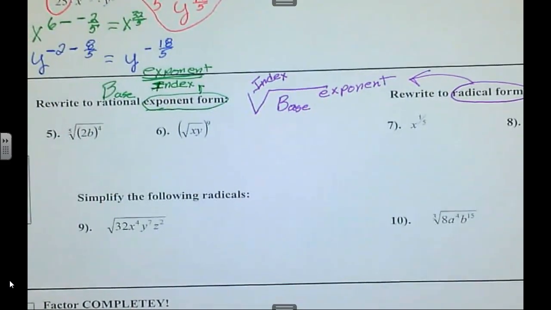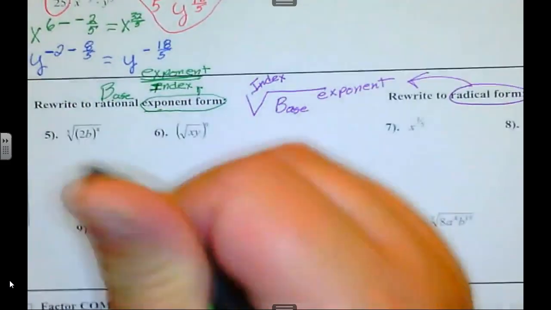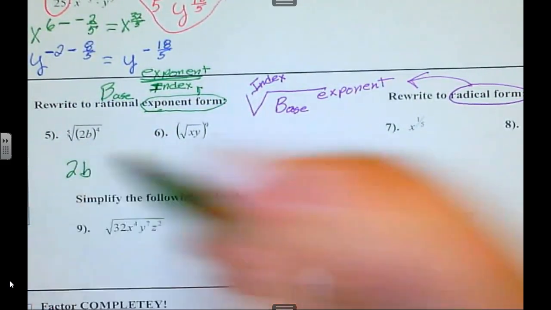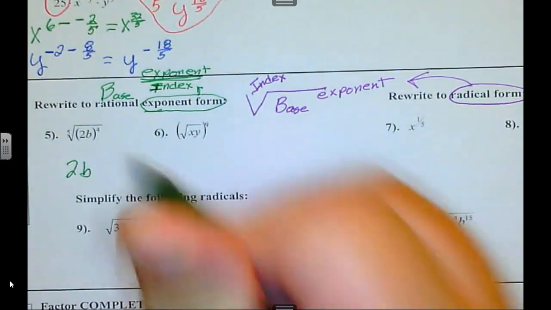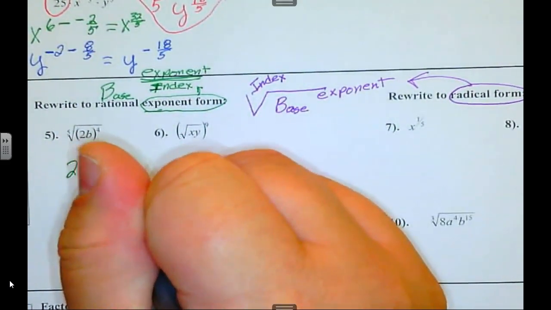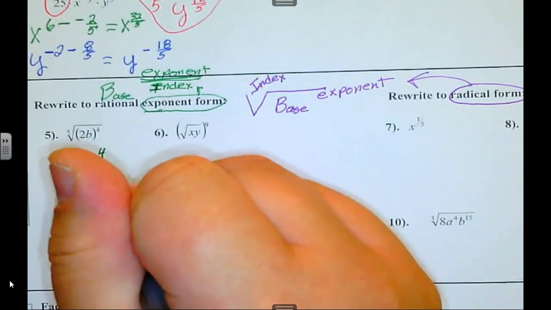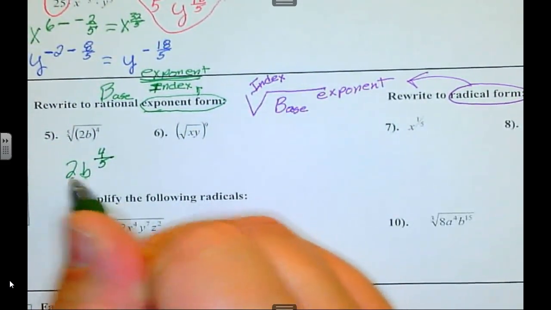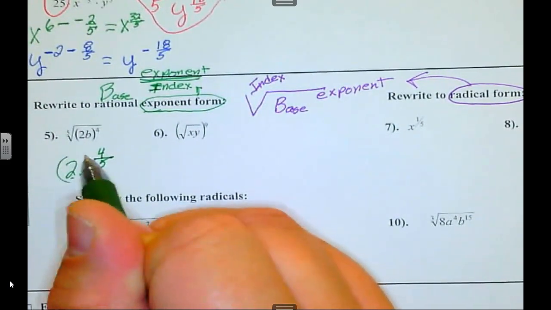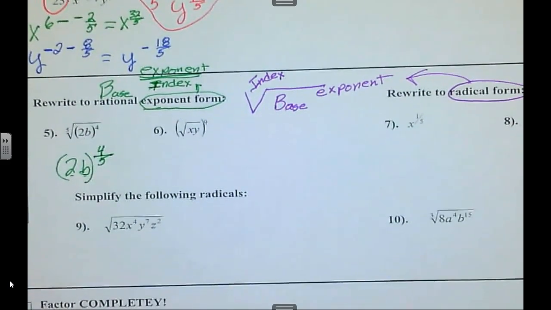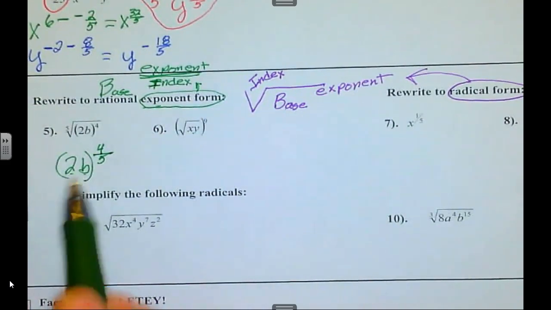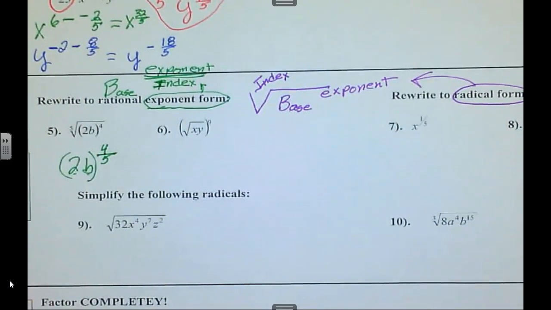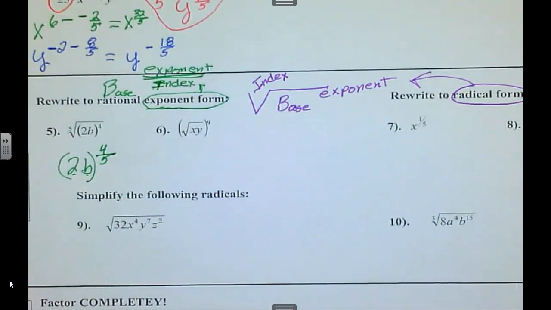Okay, so my base is 2b. My exponent is 4. And my index is 5. Now, since I have two numbers here, it should be in parentheses. I probably wouldn't take off for it.